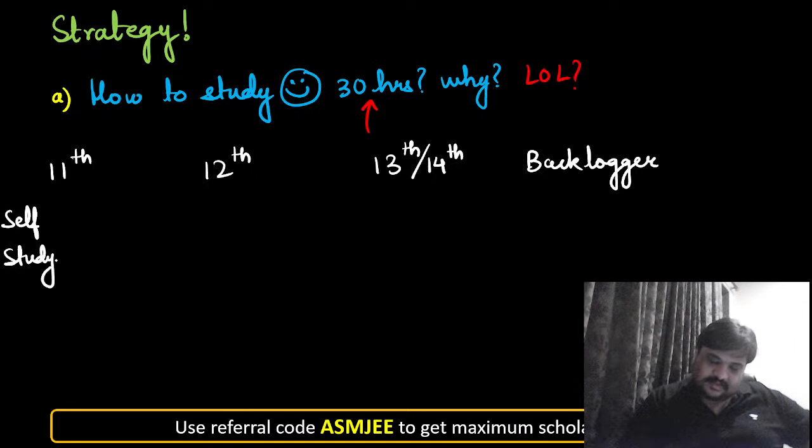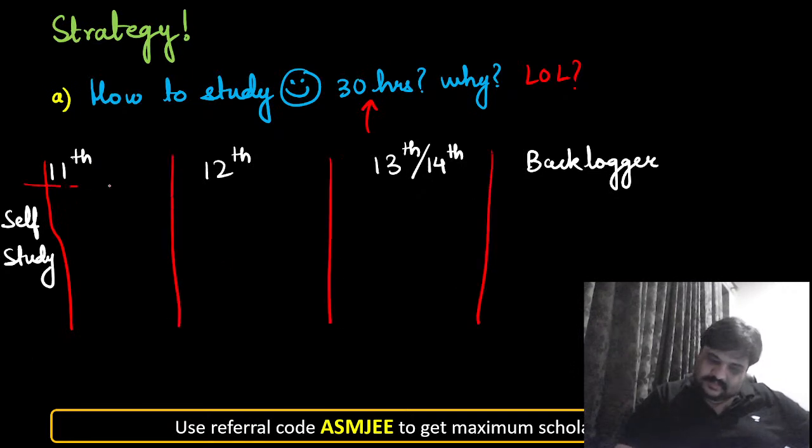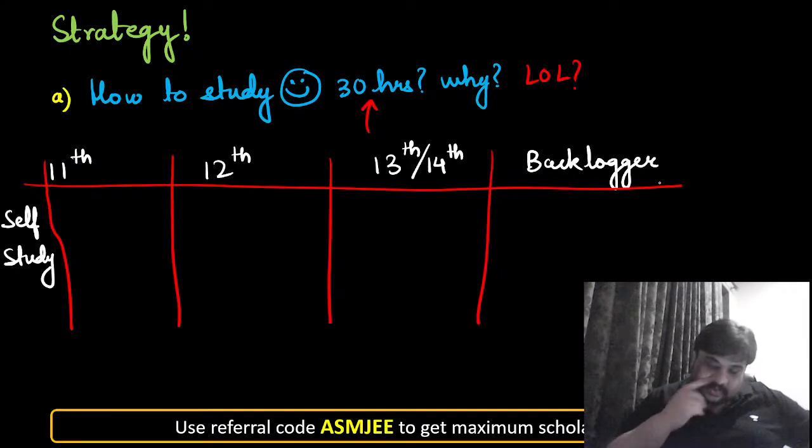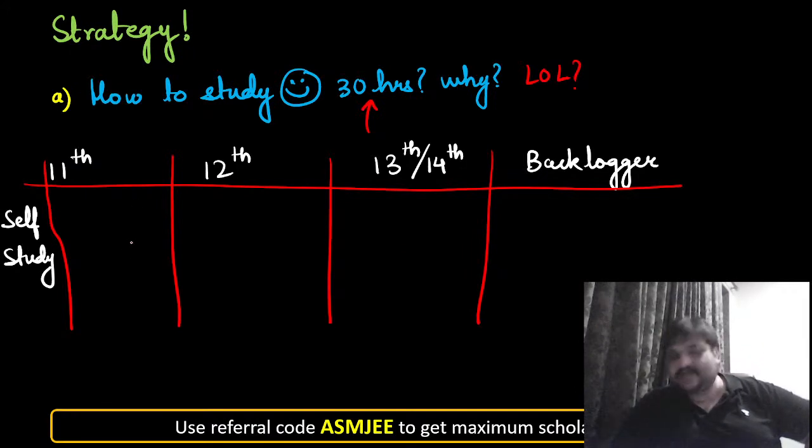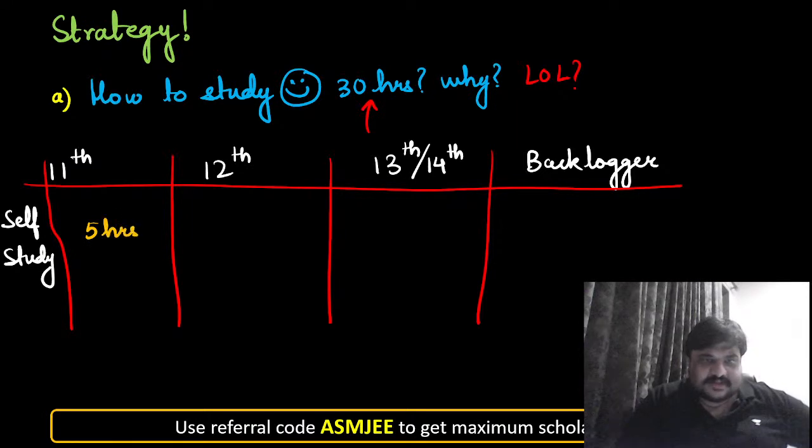Okay, let's measure that. So for 11th, you should be able to get around 5 hours daily. 5 is a good number.